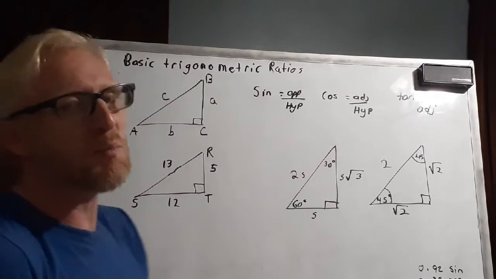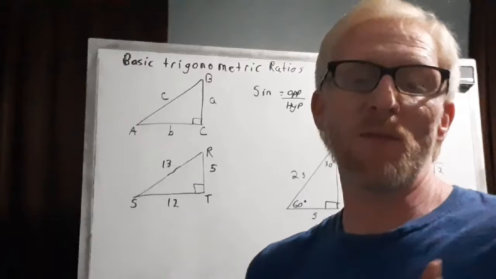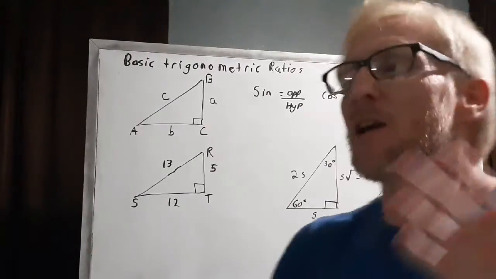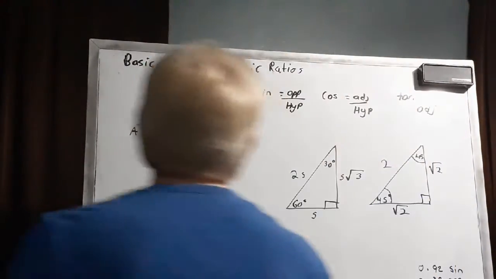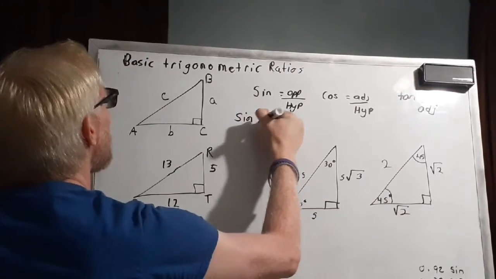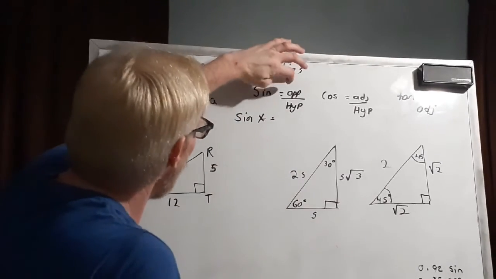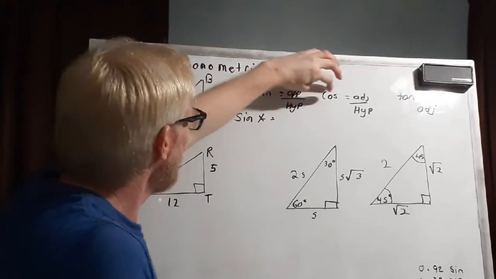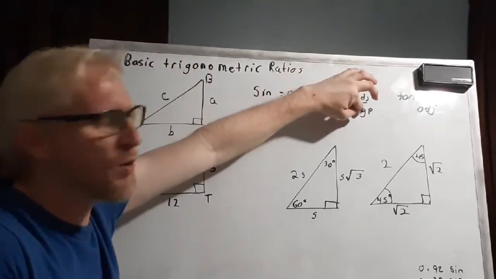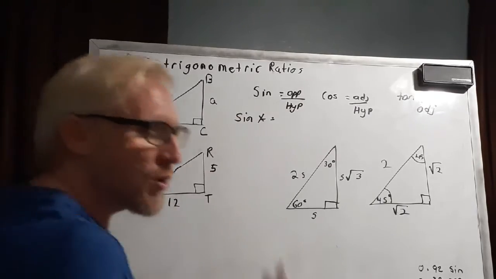They're going to be, of course, relative to whatever angle they're being asked to find. For example, let's say I want to find the sine of A. We know the function is SOHCAHTOA: sine is opposite over hypotenuse, cosine is adjacent over hypotenuse, and tangent is opposite over adjacent, hence SOHCAHTOA.